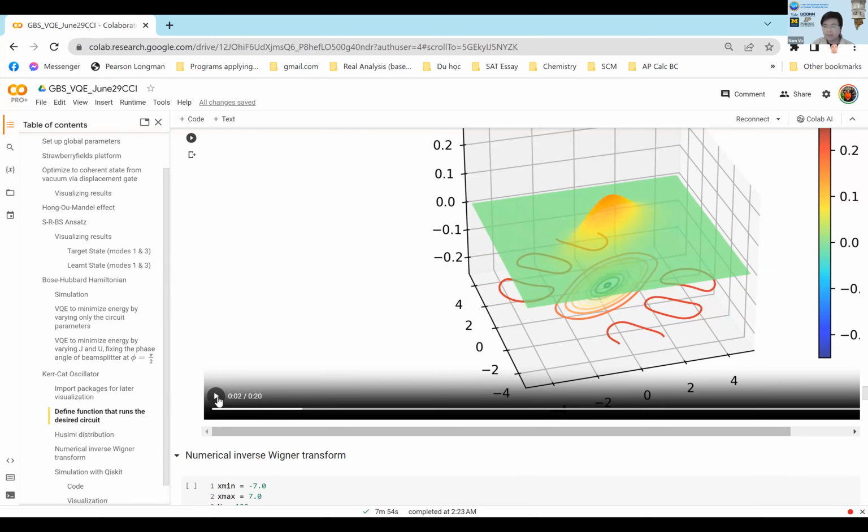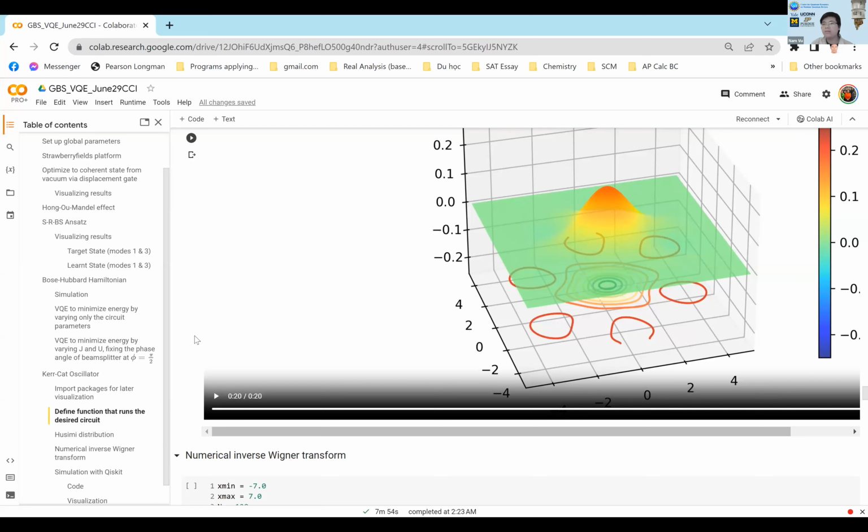It gets rotated, and then it transforms under the effect of the Kerr gate like this. And then it starts to squeeze again here, as you can see. So we can also see the effects of each gate within the animation as well.